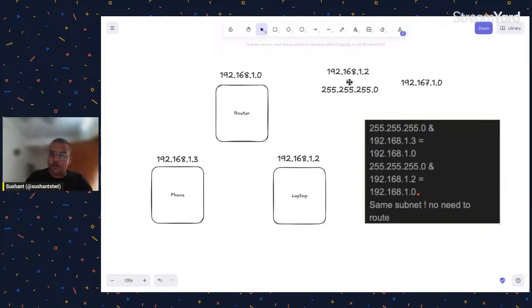The router does this AND operation and sees whether the first 3 bytes match or not. And since they match, it's like, okay, it's in my network. Let me just find out whose it is and send it to that. If it was not in my network and was going outside, the first 3 bytes would always not match because it's out of my network. And my router will then decide what to do with that and try to send it outside.